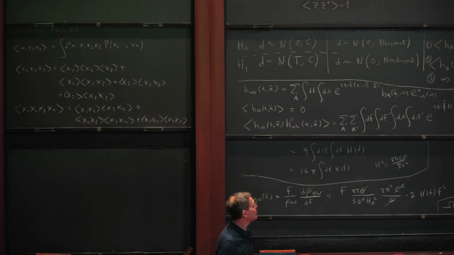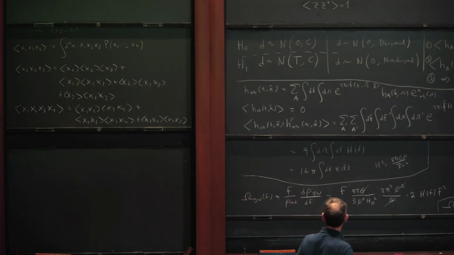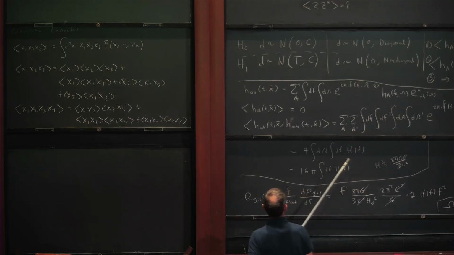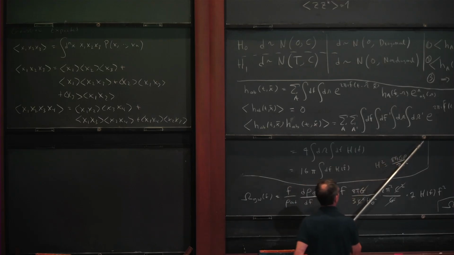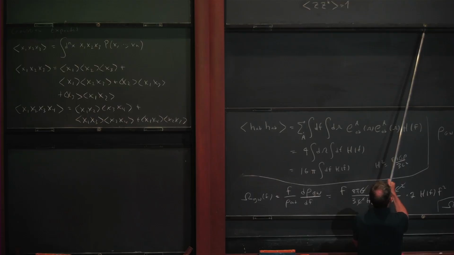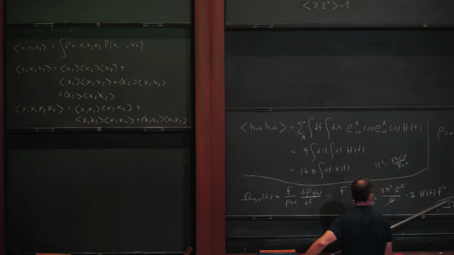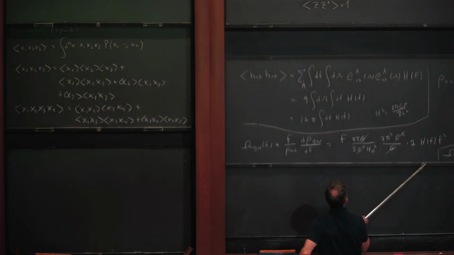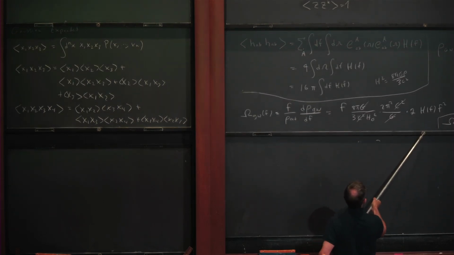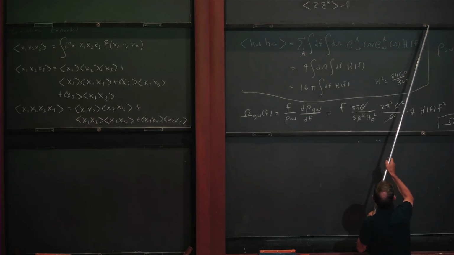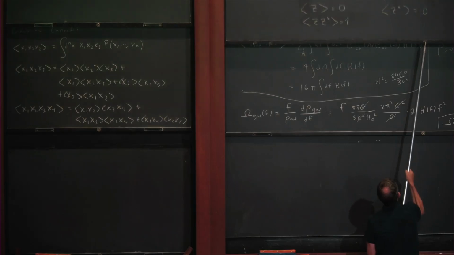I'm just trying to think how to structure the boards here so I leave some useful stuff for you. I think what I'm going to do is pull down my ensemble averaging and leave up the other stuff. So we're going to leave these two sample calculations, and then I'm going to pull down this one.